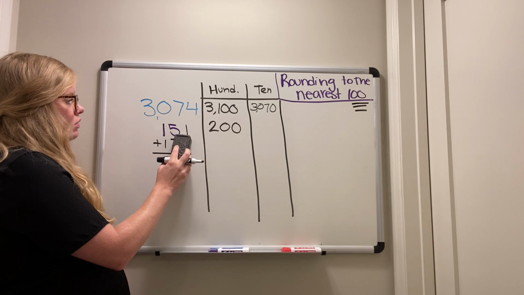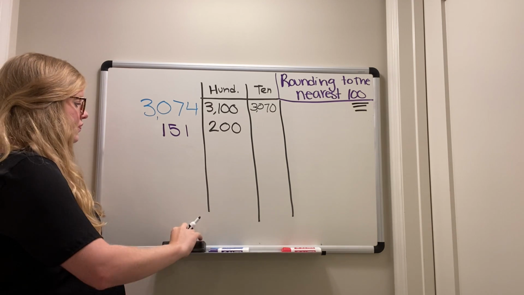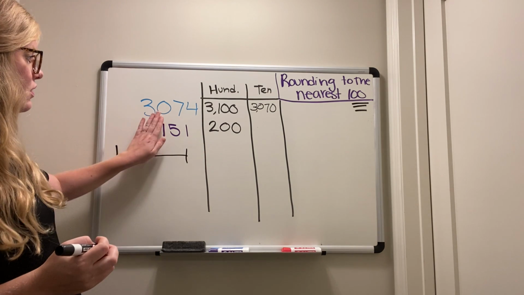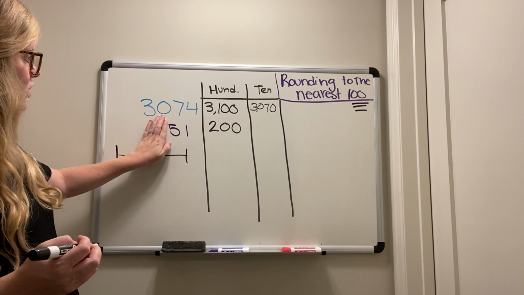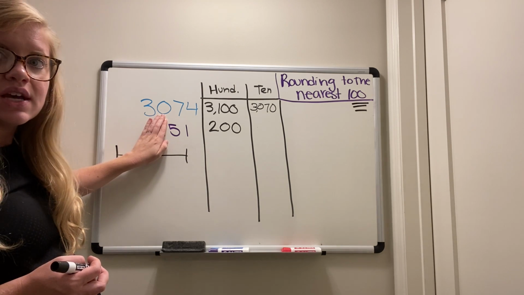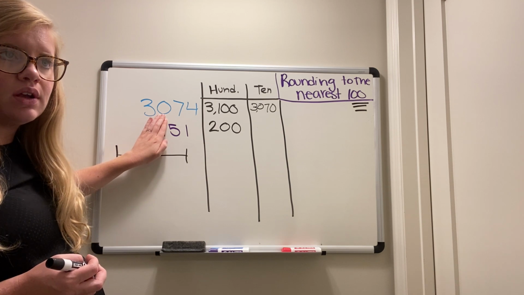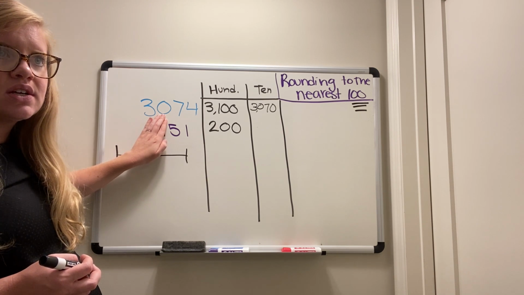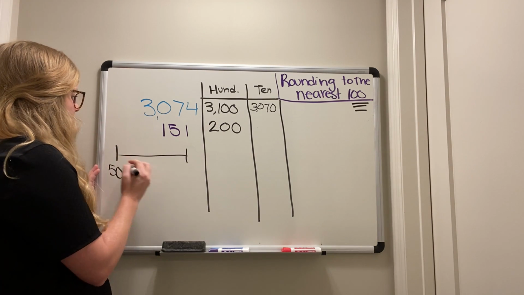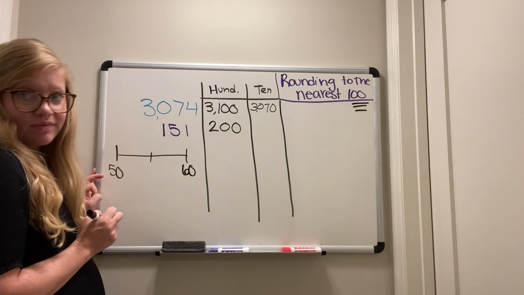Okay, what if we were rounding this to the nearest 10? So since we're talking about tens, we want to get rid of the third digit, right? So we're looking at 51. What two tens is 51 in between? 10, 20, 30, 40, 50. Oh, 50 and 60. 55.